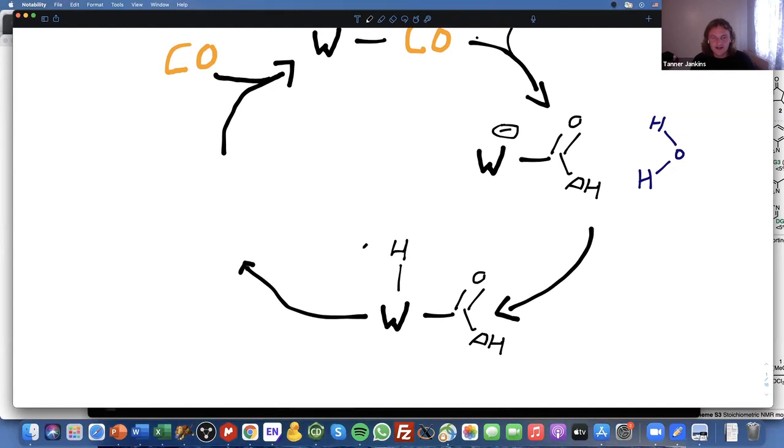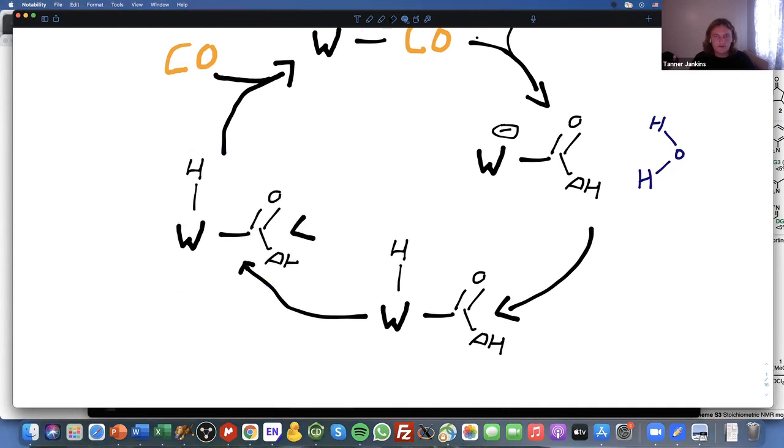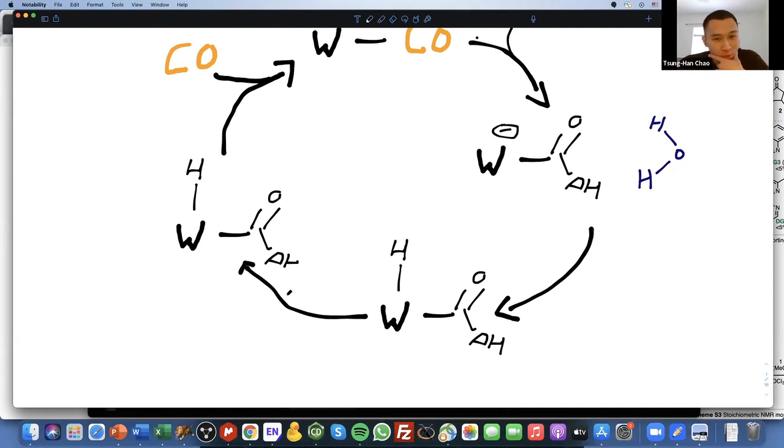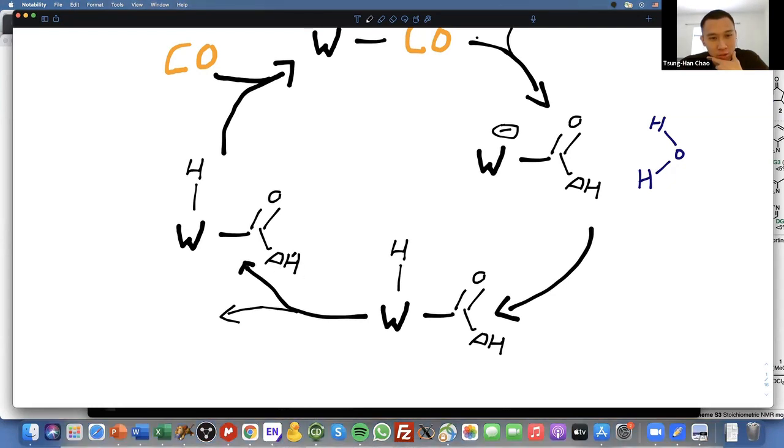And so take us home now. How are we going to get to making CO2 and hydrogen? What steps are going to be involved here? So I guess the OH of the carboxylic acid, the proton will shift to the tungsten, then there will be a CO2.